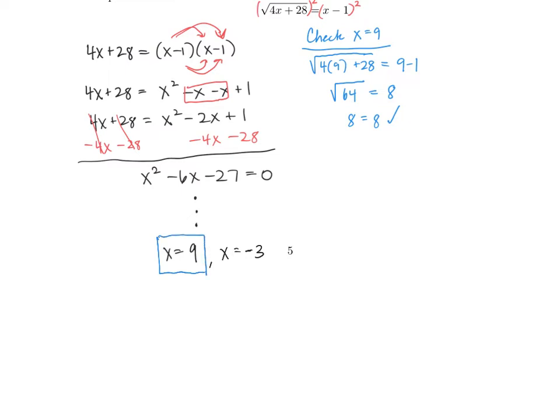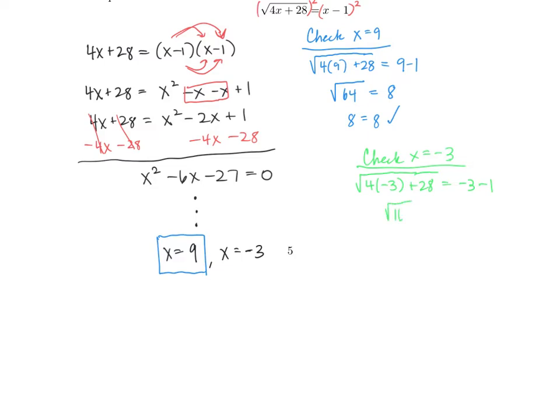All right, now I'm going to check -3. So check x equals -3. All right, so we have the square root of 4 times -3 plus 28, all under the square root, is equal to -3 minus 1. So 4 times -3 is -12, plus 28 is 16.